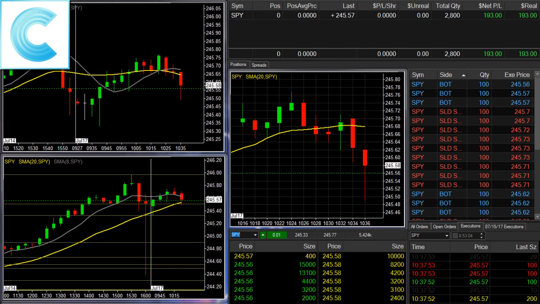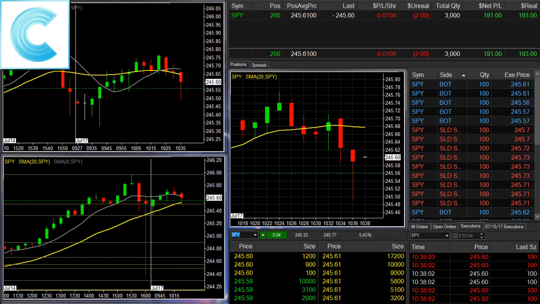All right. So we realized 193, and this is looking like a potential pivot to the upside or reversal bar to the upside. I'm going to take 200 shares going long on this. And what do we need to see here?